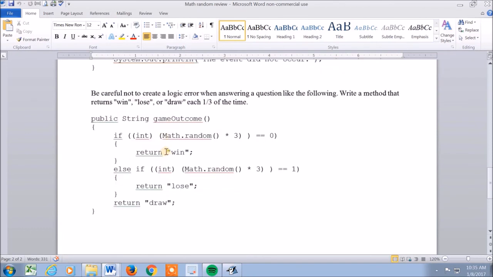The problem here is that perhaps you want this top thing to happen 1/3 of the time, and this to happen 1/3 of the time, else this bottom thing to happen 1/3 of the time, but that won't happen because you're regenerating a random number in here.